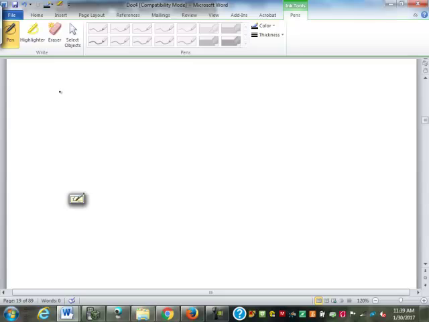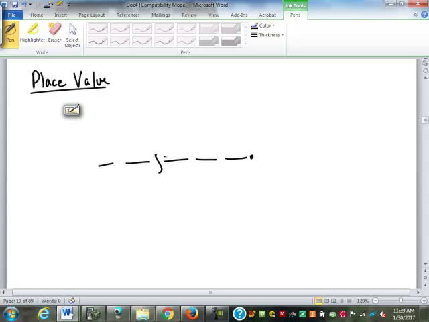But the key to decimals, just like with our whole numbers, is that place value. So to review some of our place values here from the end of the number, working our way backwards. This last place value here is the ones.